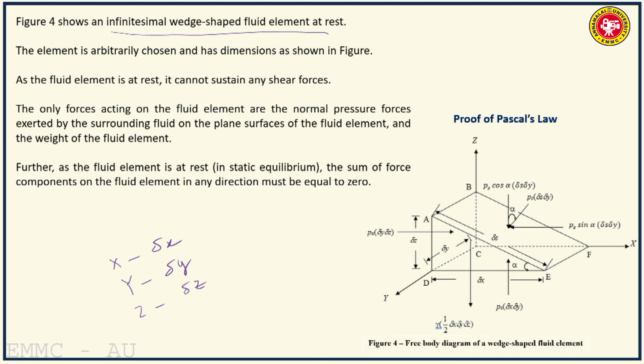The length of the wedge along the inclined surface is delta s, as shown. So delta x along the x direction, delta y along the y direction, delta z along the vertical direction, and delta s along the inclined plane.